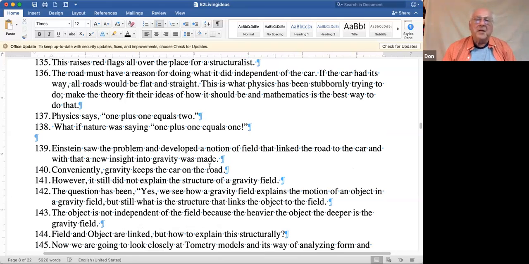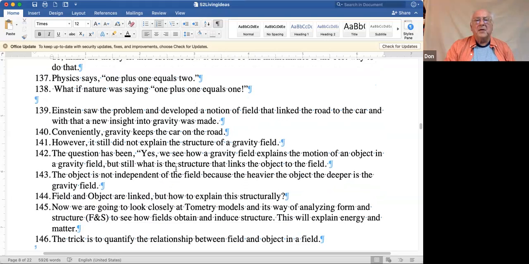Einstein saw the problem and developed the notion of field that linked the road to the car. And with that, a new insight into gravity was made. Conveniently, gravity keeps the car on the road. However, it still does not explain the structure of a gravity field.